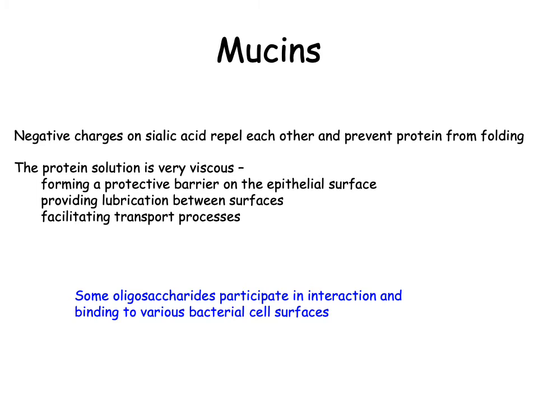So there's some evidence showing that different people do have different types of mucins in their mouth, and there's some evidence to suggest that that may have an effect on what bacteria they have in their mouth as well.